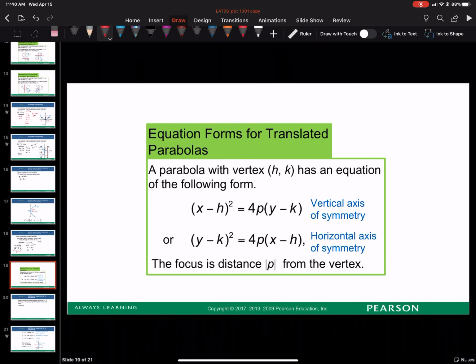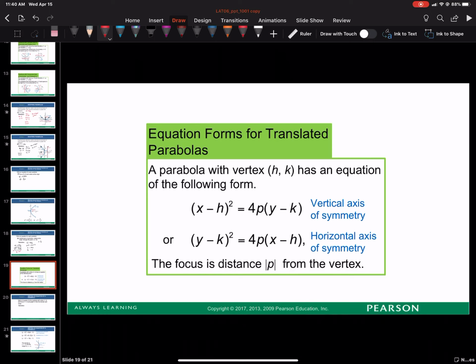Now, let's look at equation forms for translated parabolas. It says a parabola with vertex (h, k) has an equation of the following form. We have (x minus h) squared is equal to 4p times (y minus k).